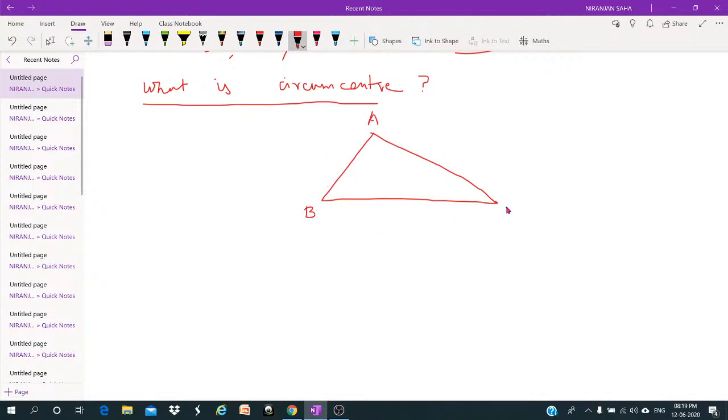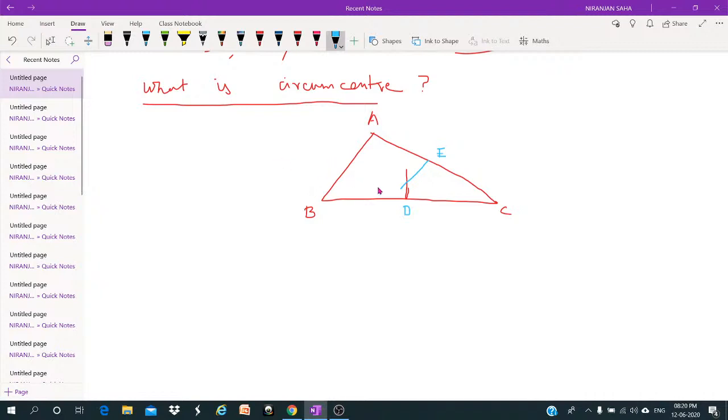If you take the perpendicular bisector of BC, this is the perpendicular bisector at the point D. This is the perpendicular bisector at the point E. You have studied this in an earlier class, class 9 or 10.